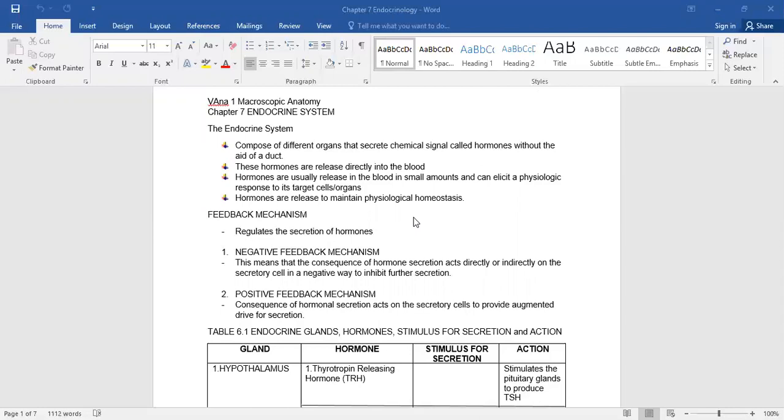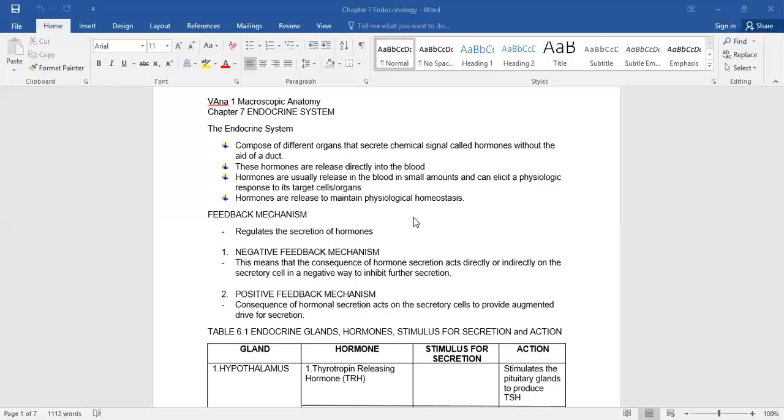And also, when we discuss breeding, we've mentioned that these hormones are very important in the breeding cycle, particularly in females. And I decided to have this, as I have said, as an adjunct chapter to the nervous system because it has somewhat a relationship to the nervous system.